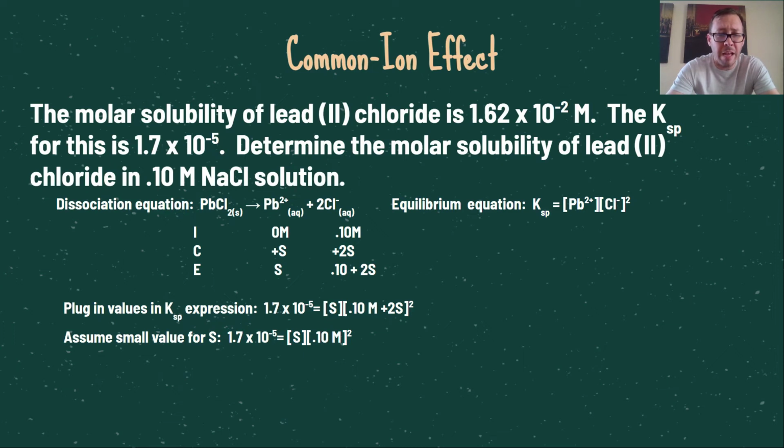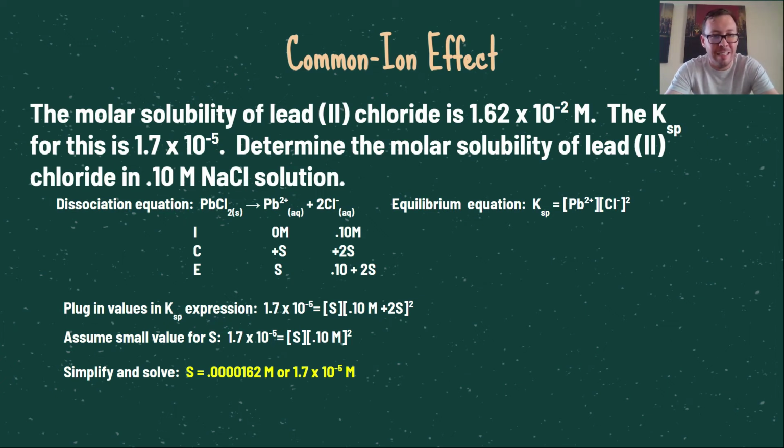But if we assume a small value for that, what we end up doing is squaring 0.10 molar, dividing that on both sides, and what we get is basically 0.0000162 molar, or 1.7 times 10 to the negative fifth is our molar solubility. Now notice the difference between that and what we had originally. Our molar solubility of lead 2 chloride is 1.62 times 10 to the negative second molarity.